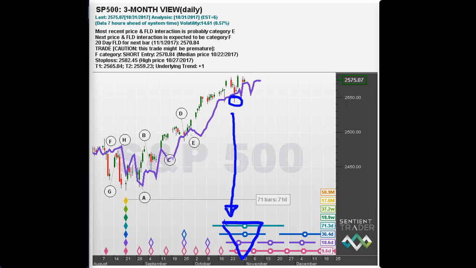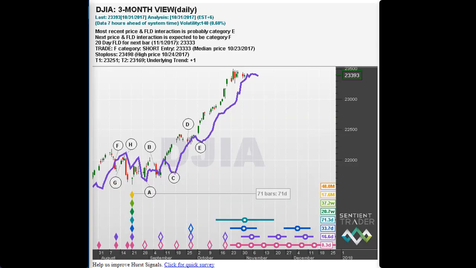So now how can we decide whether indeed this is true? Well, we can look at the evidence of what is happening on some of our other charts. So let's take a look at the Dow Jones Industrial Average. Here is, again, the 3-month view of the DJIA, and you can see the same sequence has been identified, A, B, C, D. E is, of course, the bounce up out of the 40-day cycle trough, which occurred over here.